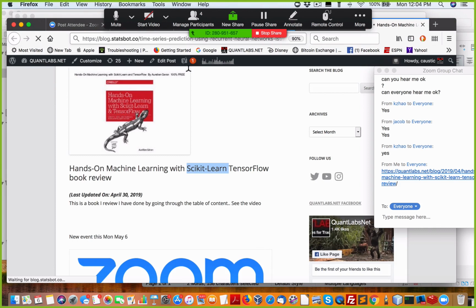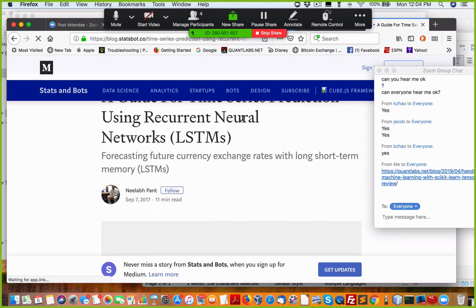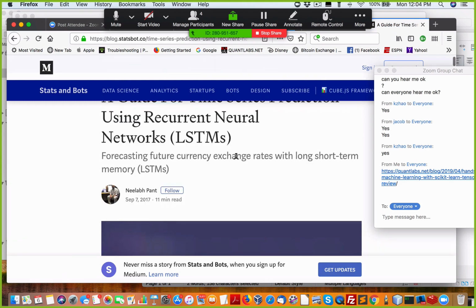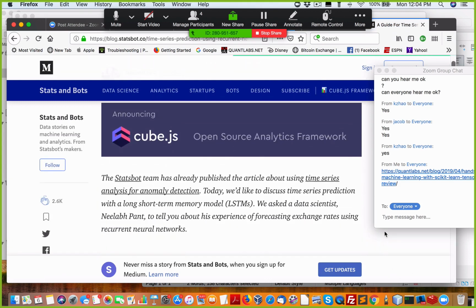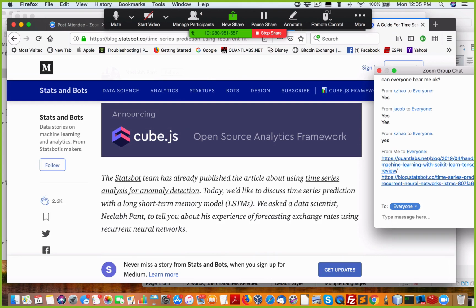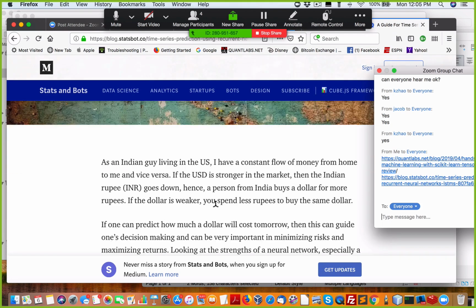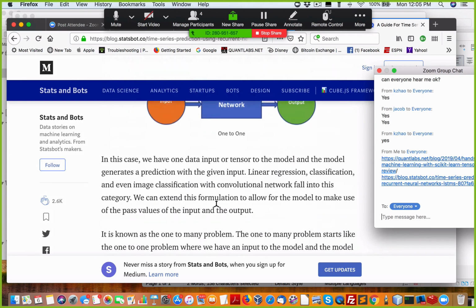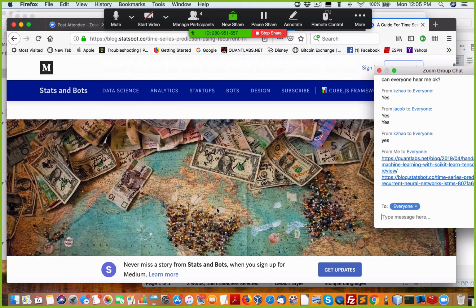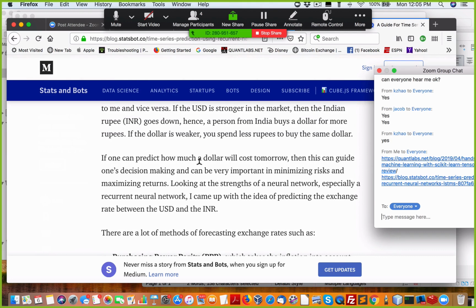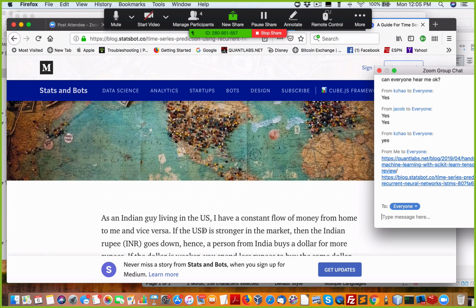So let me just pull up the first article. So it's saying Python seems to be the standard. I'm not going to go through the articles themselves, but I will, again, put them in the chat box for you. And as I said, I put it on my blog. So this will walk you through the concept of these neural network types.